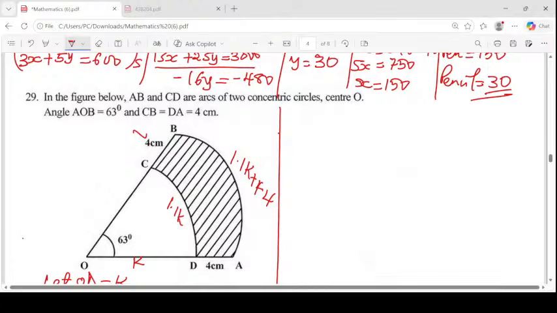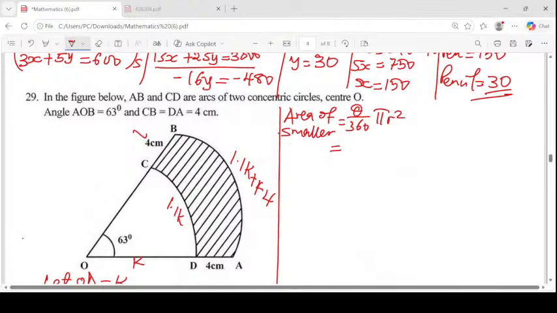Let me start first by getting the area of the smaller sector. It is given by theta over 360 pi r squared.